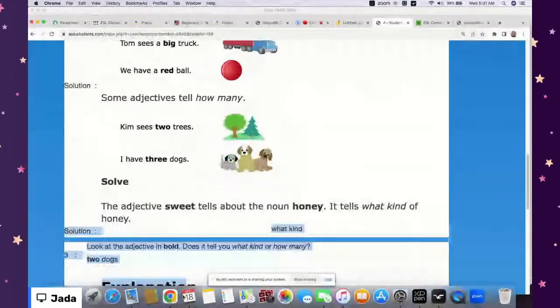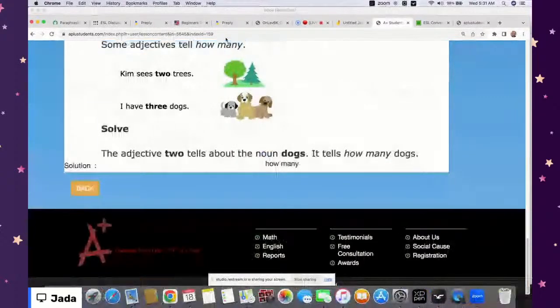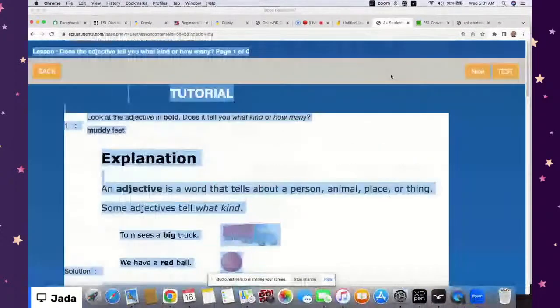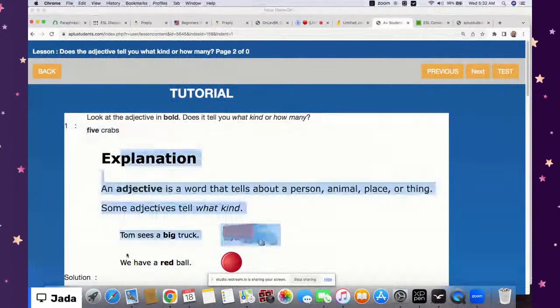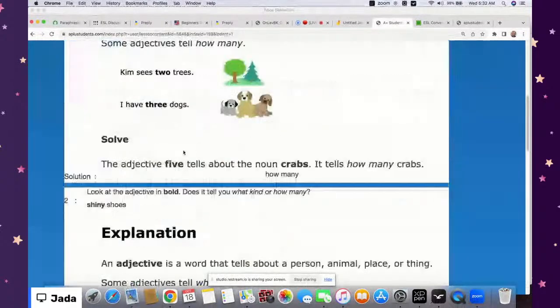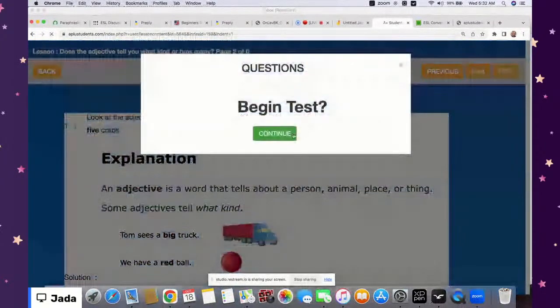Let's see some examples. Look at the adjective board. Does it tell you what kind or how many? We need to find the pictures. We can try the test to get the pictures.